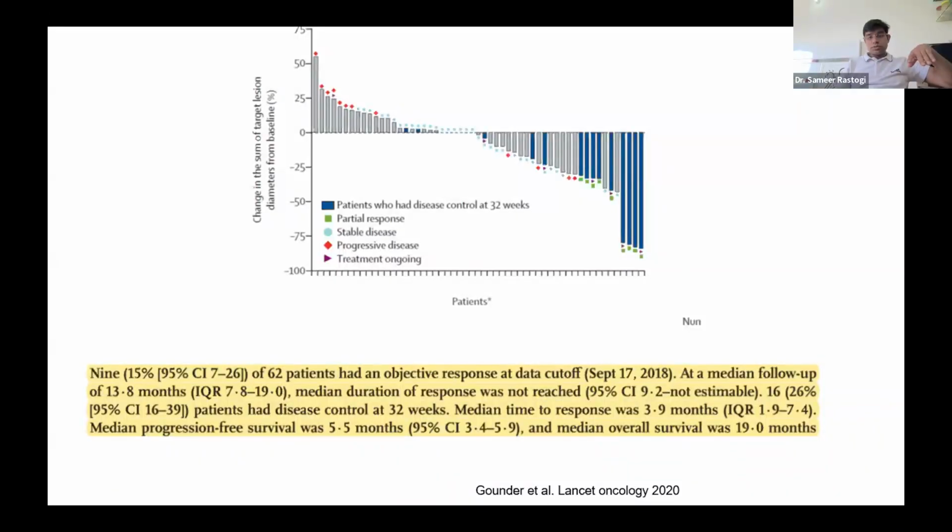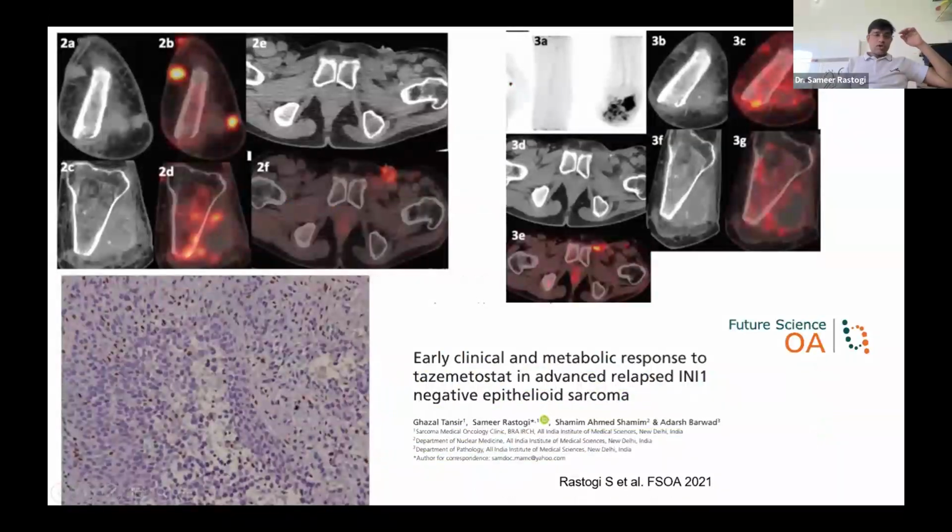Okay. So this is the 15% response rate, and as you can see in the waterfall plot, even response rate is not indicative of all the responses, because some might have 10%, 20% response. So this is one of our patients in whom we started using tazemetostat, and the patient had good response.